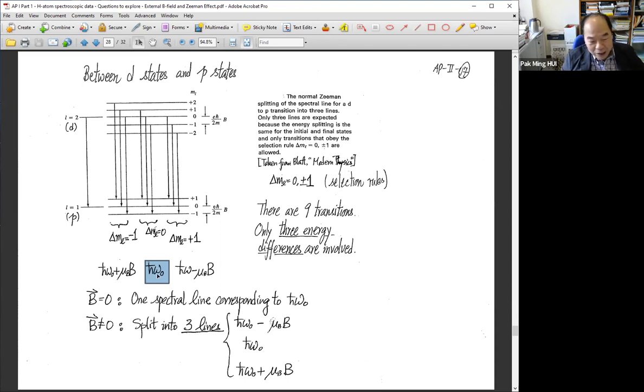So you have recovered the same energy, the same line as without a field. Even in the presence of field, there are 3 transitions. They all occur at the same h bar omega. And then there's a line at higher energy and a line at lower energy. 3 lines. Okay, that is the normal Zeeman effect.